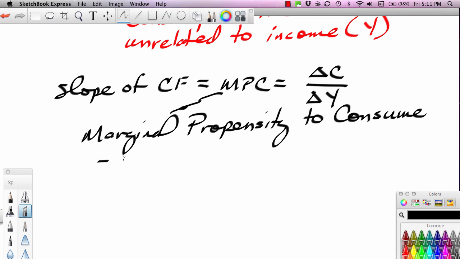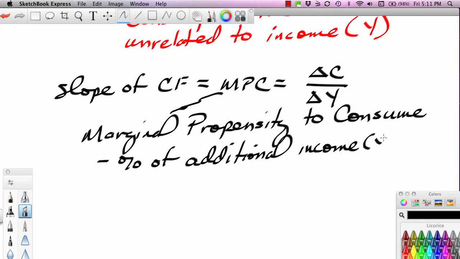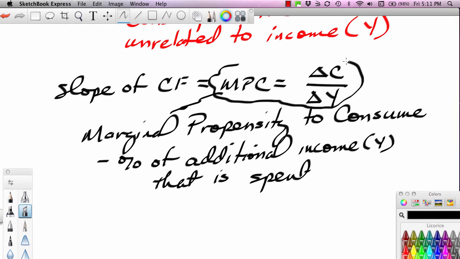What is that? That's the percentage of additional income, Y, that is spent. So remember what we said, MPC, because it's equal to the slope, is equal to the change in C over the change in Y. So in our example, when we increased income by 1,000, consumption increased by 800.